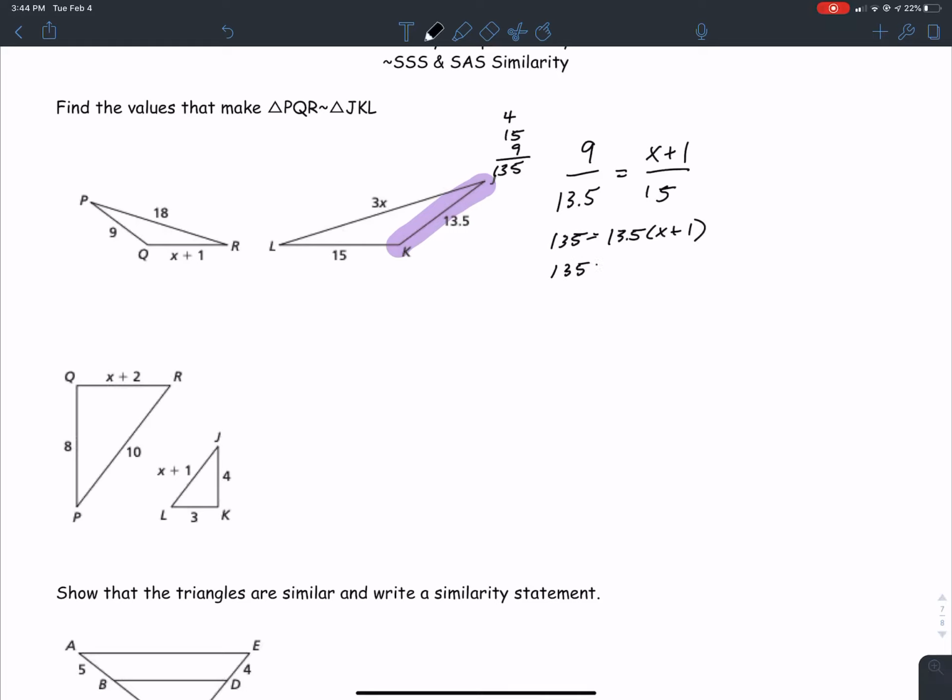So 135 equals 13.5x plus 13.5. And then we can subtract 13.5 from both sides.